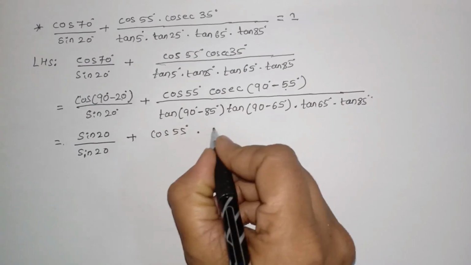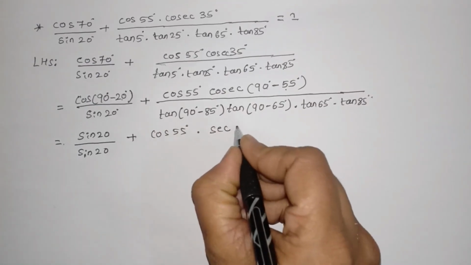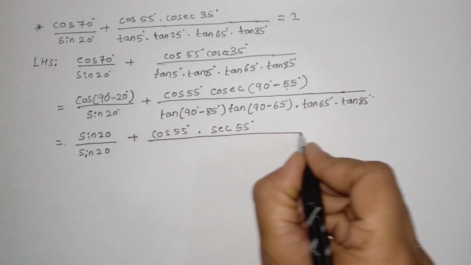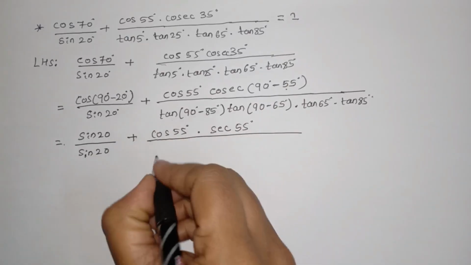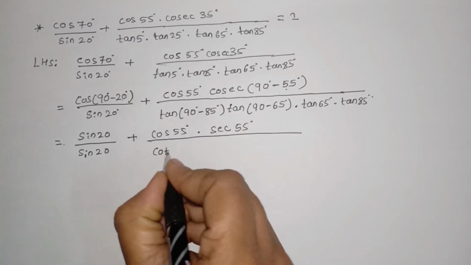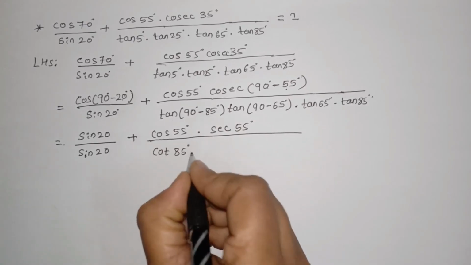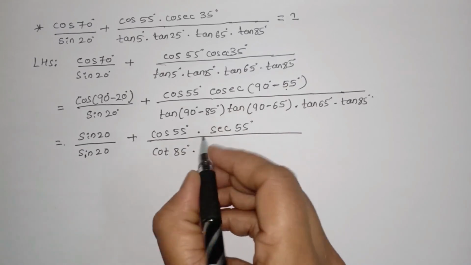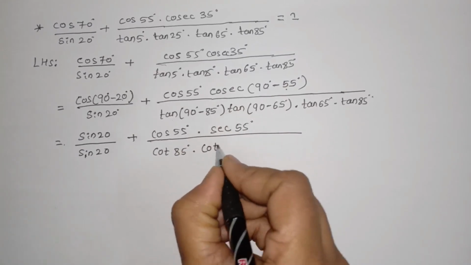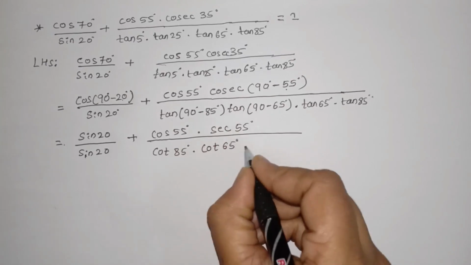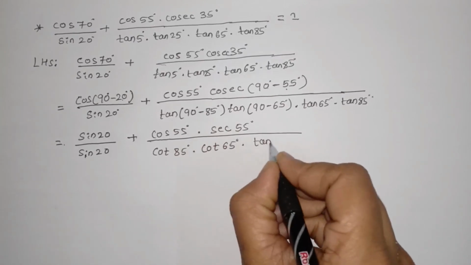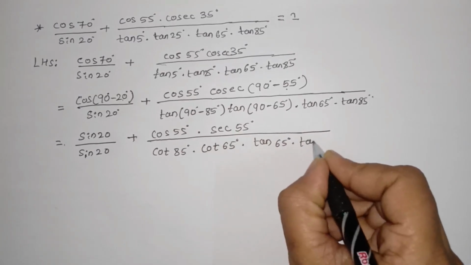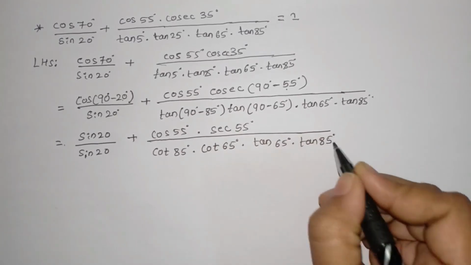So it is sec theta, that is sec 55 degree, divided by tan 90 minus theta, that is cot theta. So cot 85 degree into tan 90 minus theta again, that is cot theta, cot 65 degree. So again the remaining 2 terms as they are, tan 65 degree into tan 85 degree.